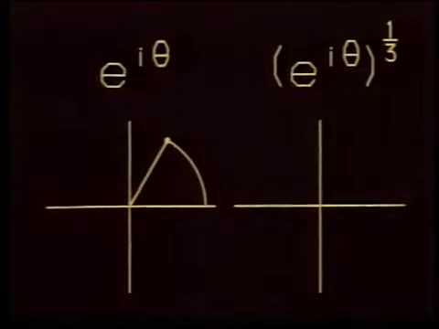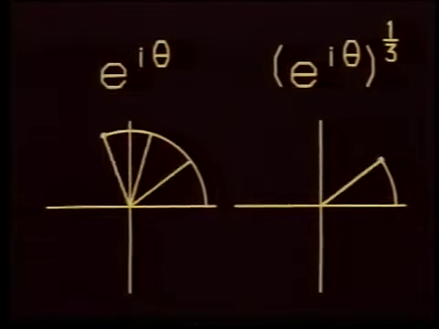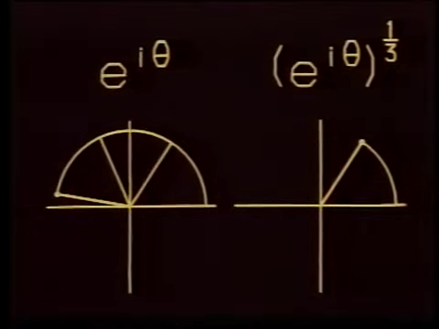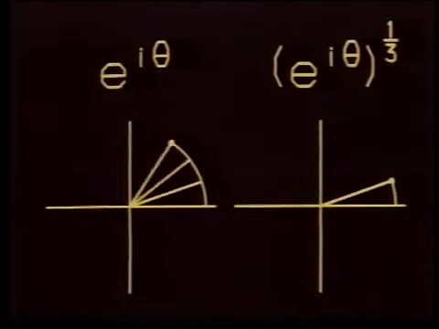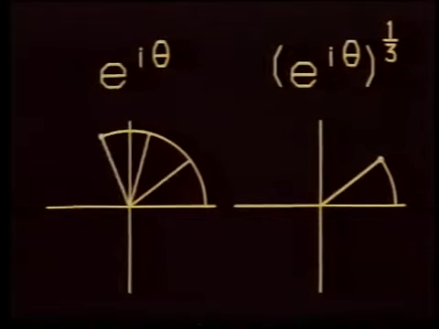We'll now use a computer to explore this process of finding cube roots. Let's see if it can find any more for us. Given a complex number, e to the i theta, a cube root can be found by dividing theta by 3. The angle on the right is always 1/3 of theta, and however we change theta, the right-hand angle changes by 1/3 of the amount.